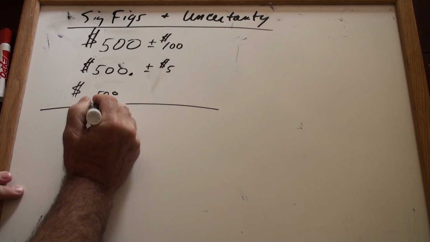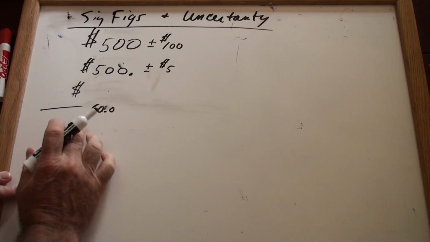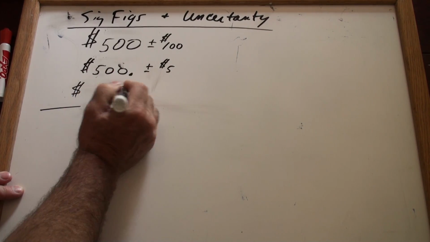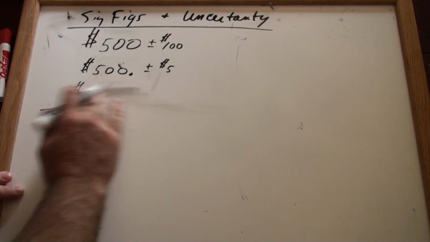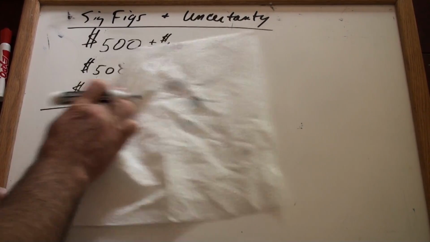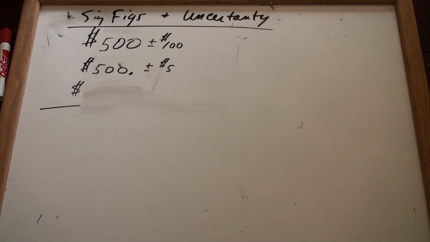Now, you can't just do 50.0 because that's not 500 bucks anymore. That's 50.0 bucks. So you can't just put a decimal point there. That won't work. So how do you tell everybody on the planet that you have 500 bucks in your pocket, but you're guessing at the tens place?